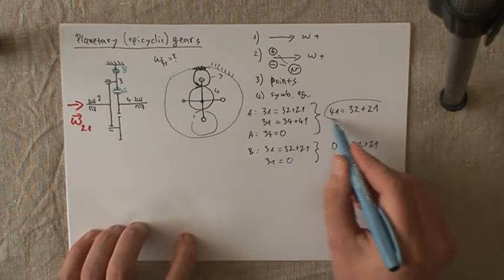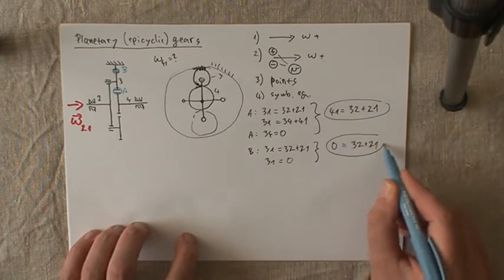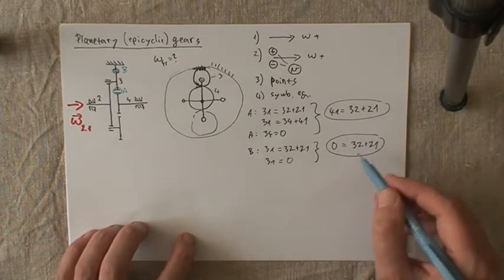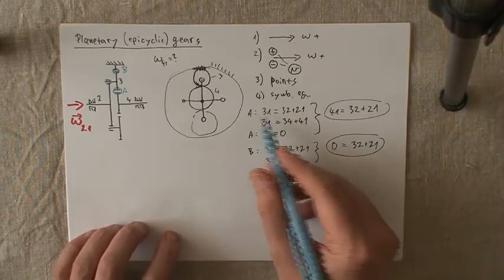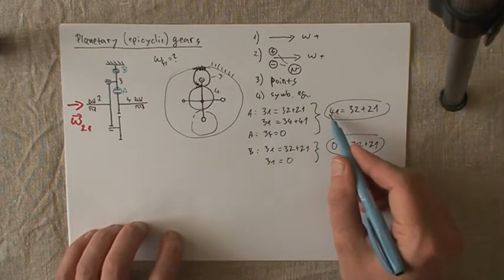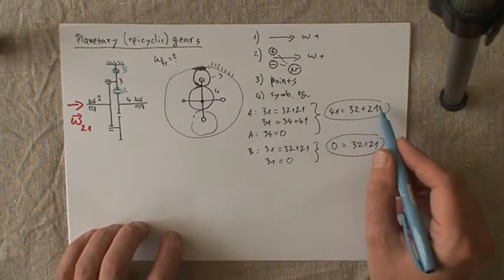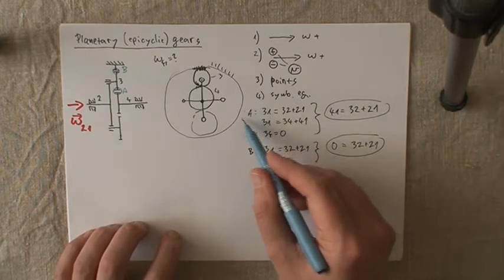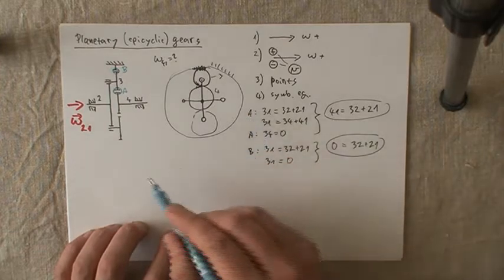Now we have two symbolic equations that we will solve. So first we will write down the vector equation for each point, which is basically monkey work, right? Because the indexes are given by the symbolic equations, and the point is given by the point where these symbolic equations were made.